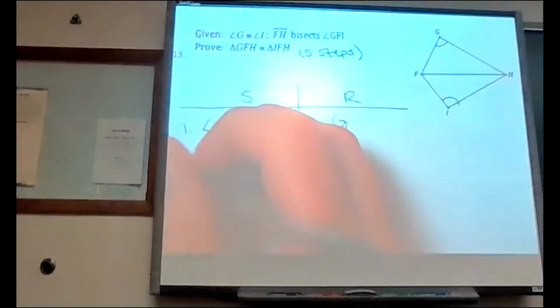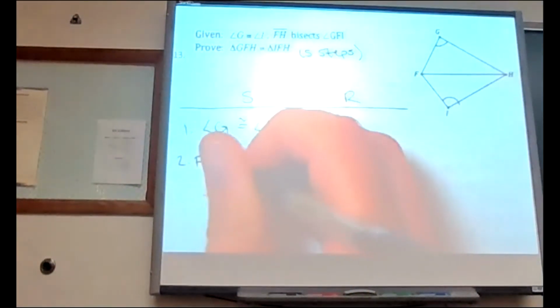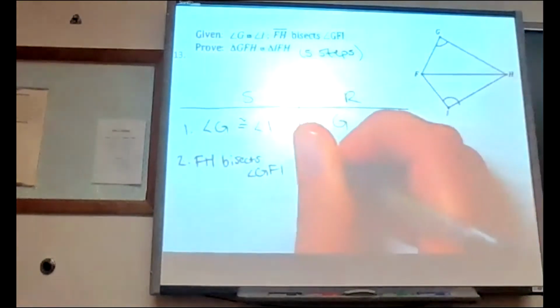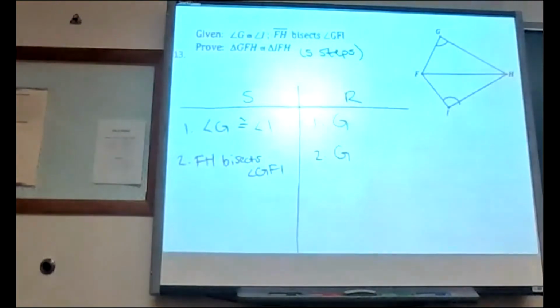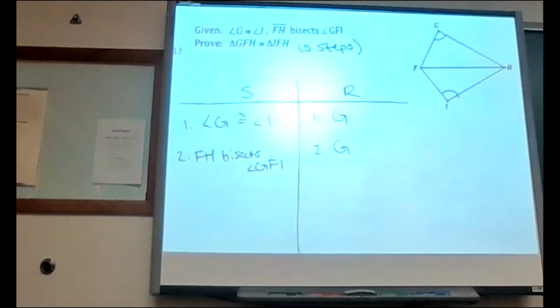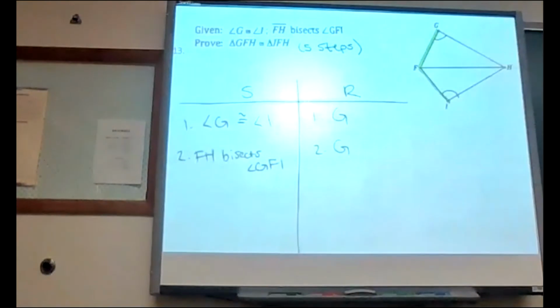Then I'm given that FH bisects angle GFI, given. Anytime I'm given bisect or midpoint, we follow it up. So GFI is this angle here.